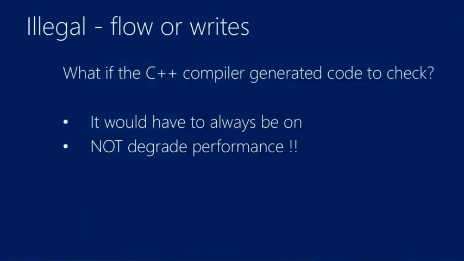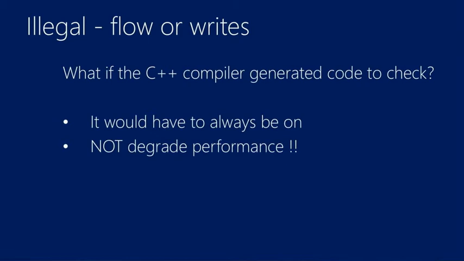So we really care about security a lot. And we can't talk about it very much. But what if the compiler generated code to check basically that the flow was always legal, or that the stores were always legal? This is where type safety certainly comes into play, and it's heavily related to alias analysis.